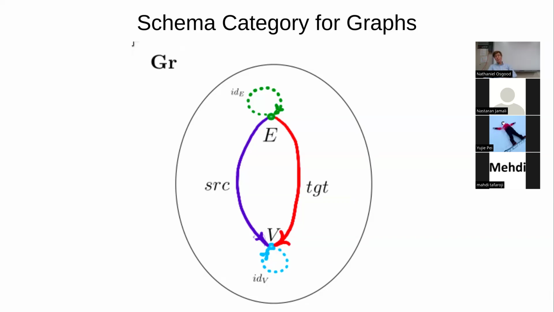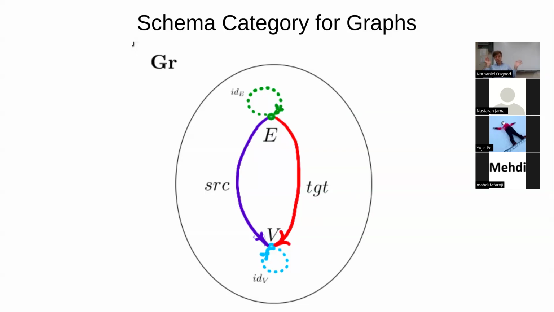So we're going to have two objects, and we're going to call them, suggestively, E for edges and V for vertices. Now, don't get caught up in the E holding edges. It's going to be used in its mapping to Set to represent edges, but here it is just an object.